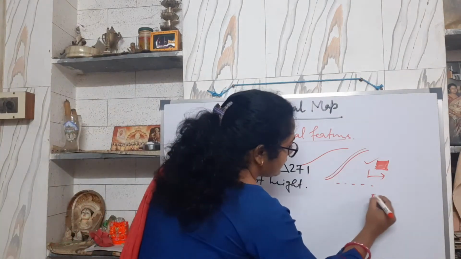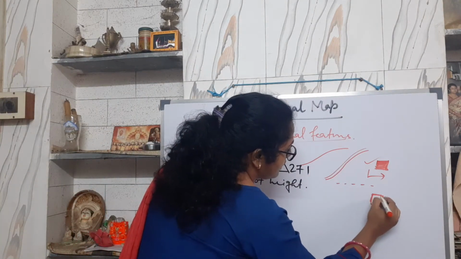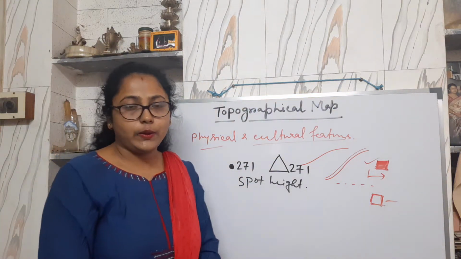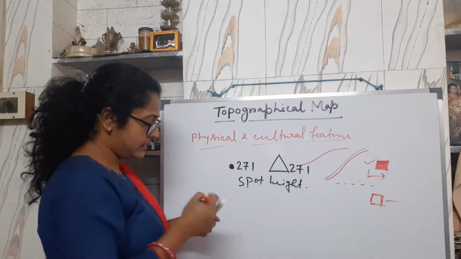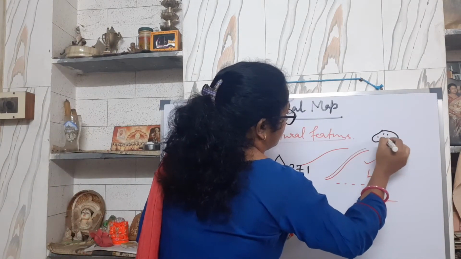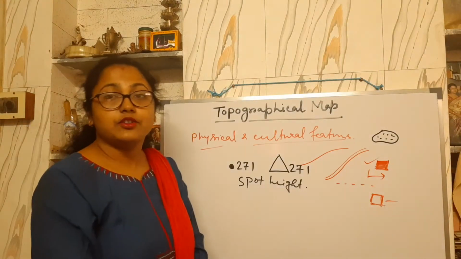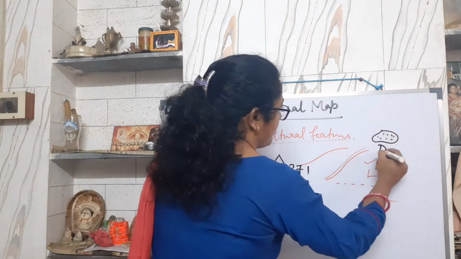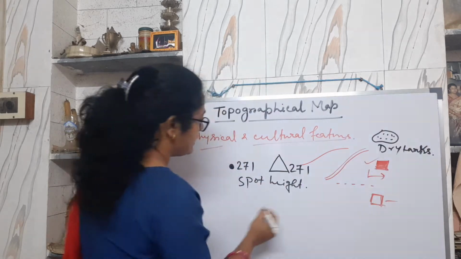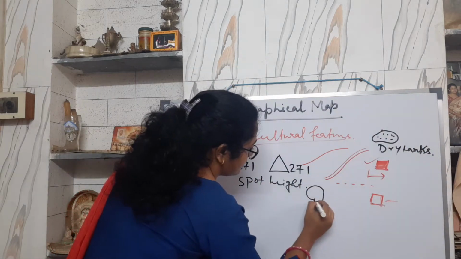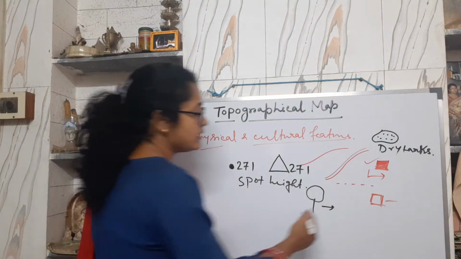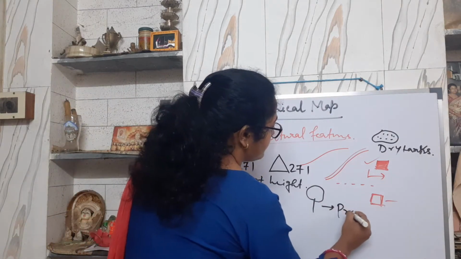Then a red color square, only the outline, is known as temporary settlement. Then suppose this type of feature. These are known as dry tanks. Then suppose this feature. These black trees are known as prominent surveyed trees.